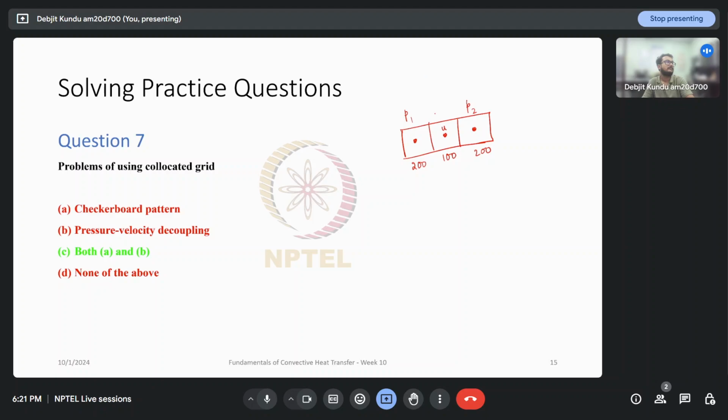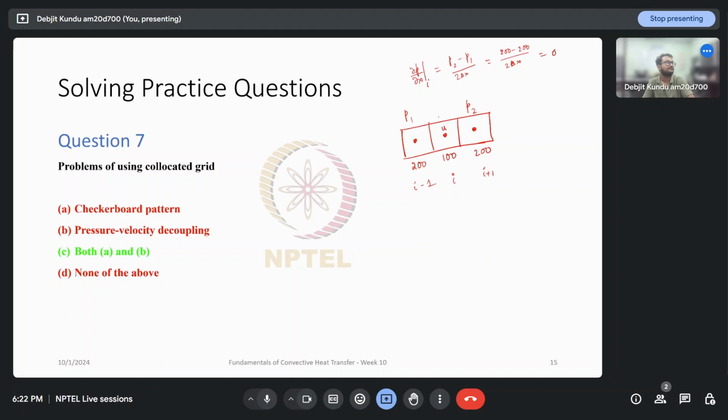Then if I need to calculate the dou p dou x at, I'll call them I minus 1 and I plus 1, so dou p dou x at I will have something like p2 minus p1 by 2 delta x. Then I'll get 200 minus 200 by whatever.